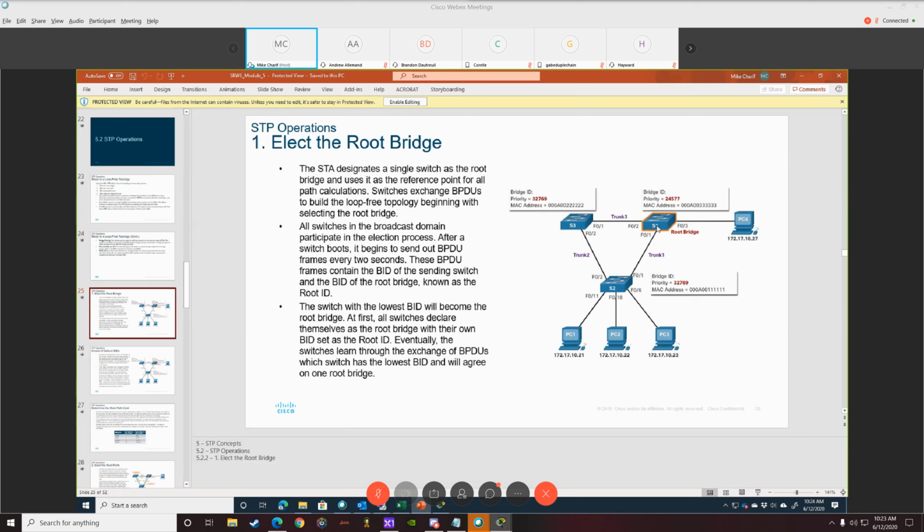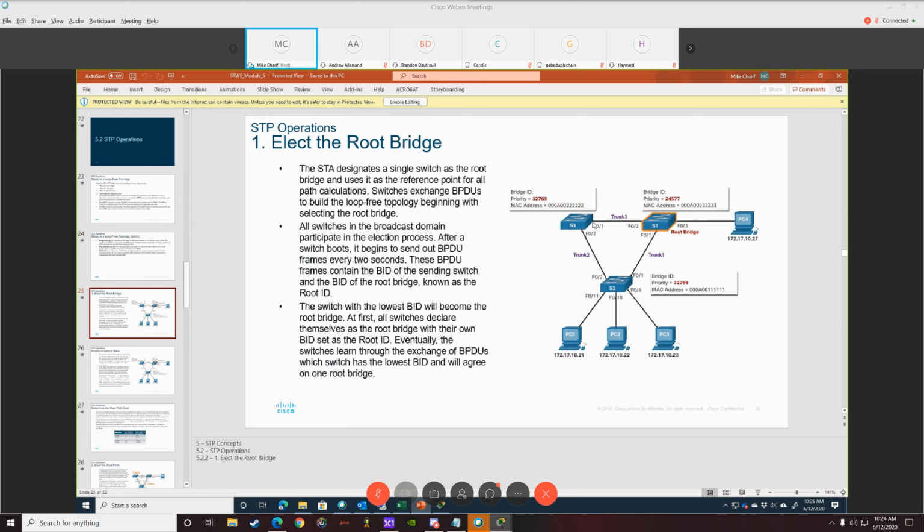Once we determine the reference point, the port that's linked to the reference point becomes the root port. So this one here, F0/1, becomes the root port. Why? Because the port is connected to the root bridge.